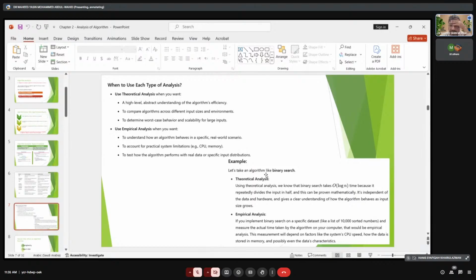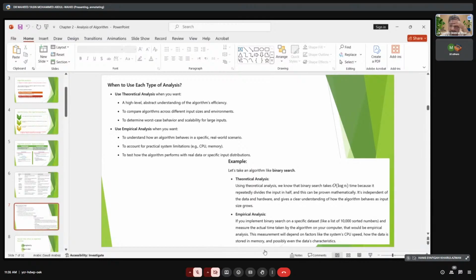Example: let's take an algorithm like binary search. Using theoretical analysis, we know that binary search takes O(log n) time because it repeatedly divides the input in half, and this can be proven mathematically. It is independent of the data and hardware and gives a clear understanding of how the algorithm behaves as input size grows.